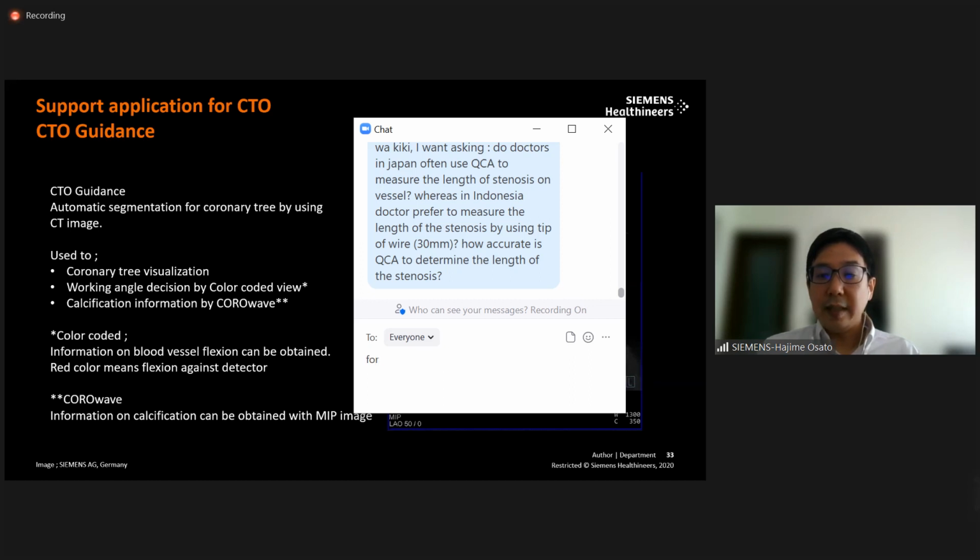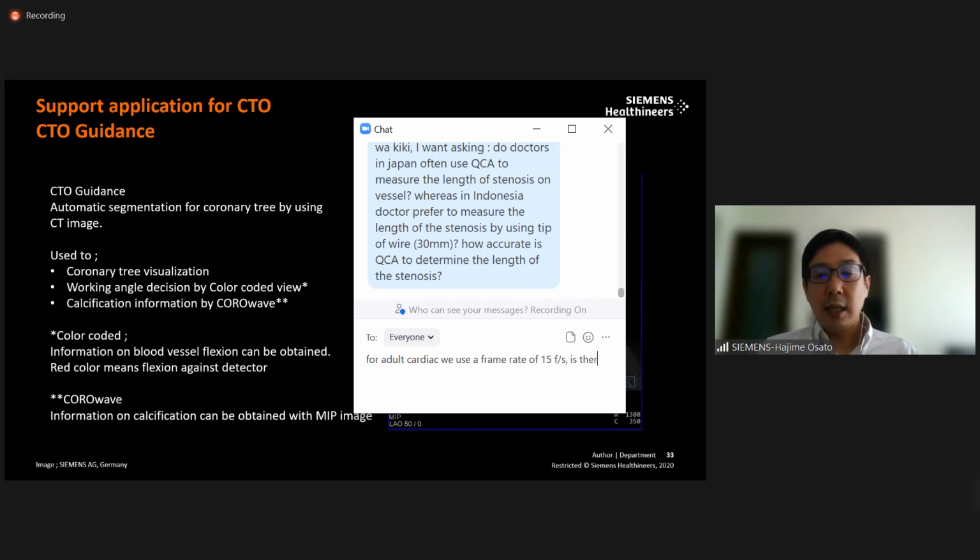They are displayed as a color-coded view and color wave. In the color-coded blood vessel fraction, red color means foreshortening against the detector. So doctors look for a nice angulation with which the target vessel is displayed as green on the color-coded image.